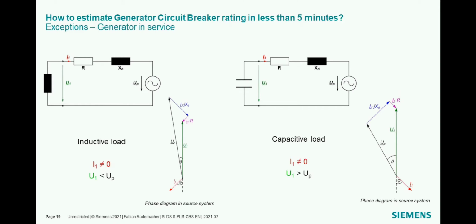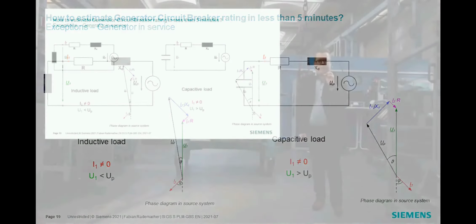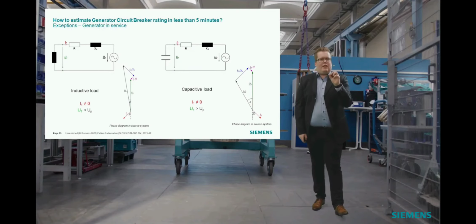So we are talking about overexcited and underexcited operating points, where we have the internal voltage smaller or bigger than the applied or the rated voltage of the system. And of course, the generator works either as an inductance or as a capacitance. So this special characteristic of a generator in service cannot be covered by this estimation tool.